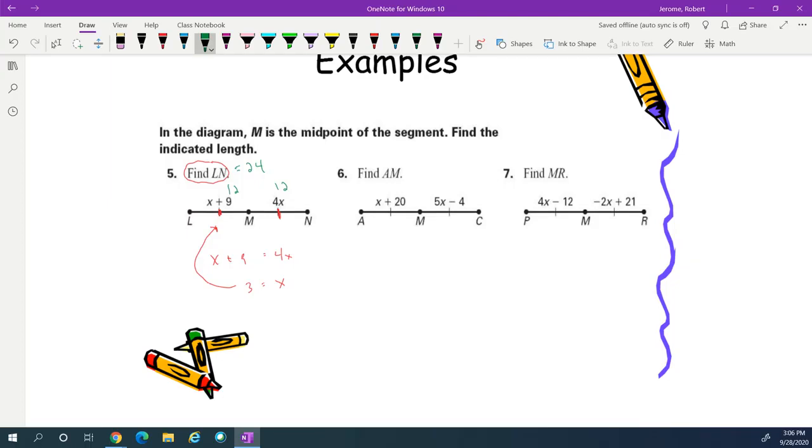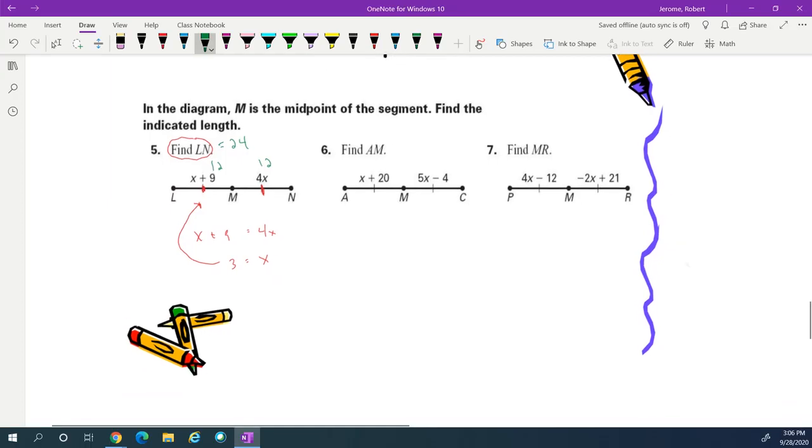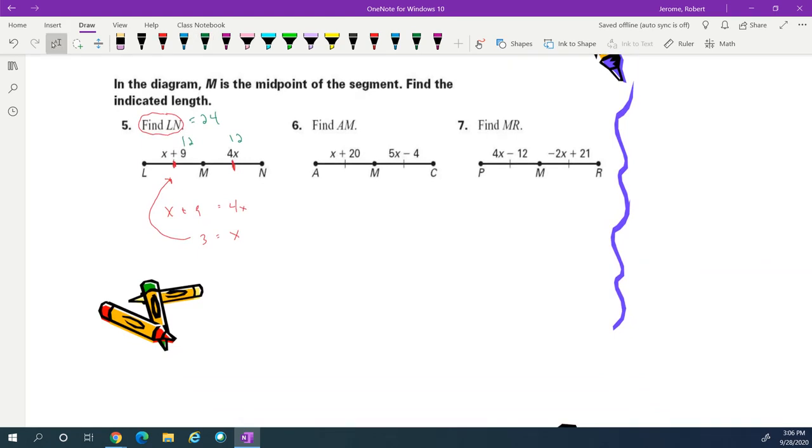Again, we'll do one more. I'm just going to give myself a little room here. Let's do number 6. The segments are congruent, so we can set them equal. So we'll do a little bit of work.